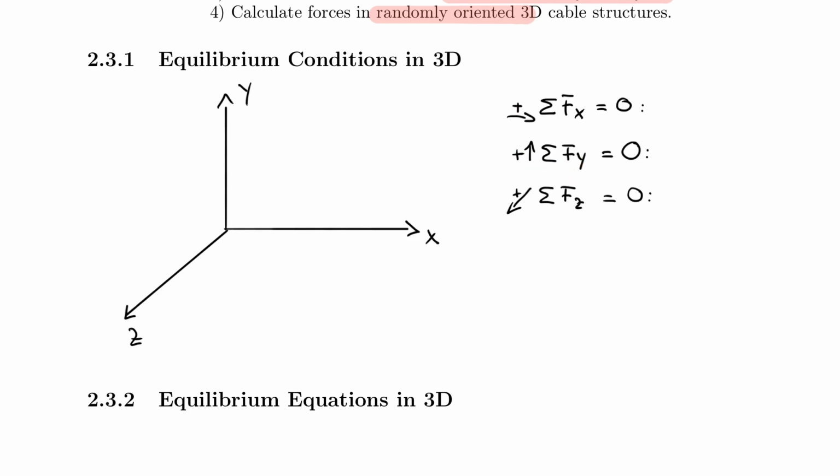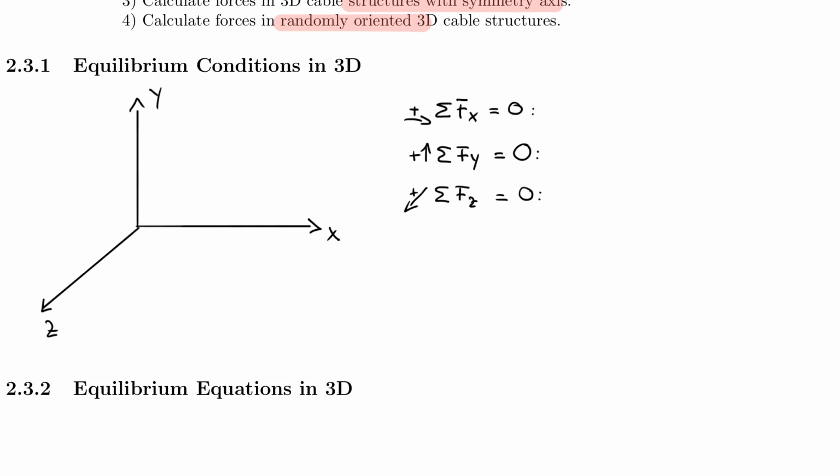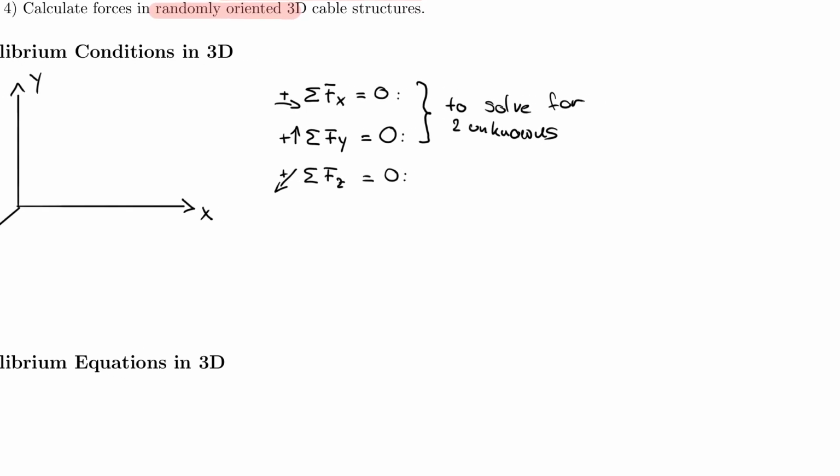What we did when we had 2D systems was we always solved for two equations with two unknowns because we had these two conditions. So this allowed us to solve for two unknowns. And the reason for that is because we had two conditions.